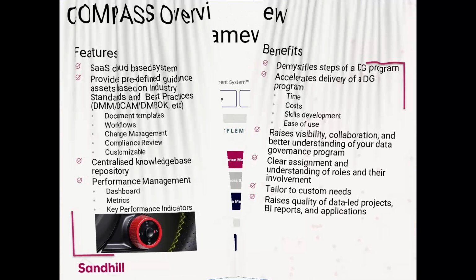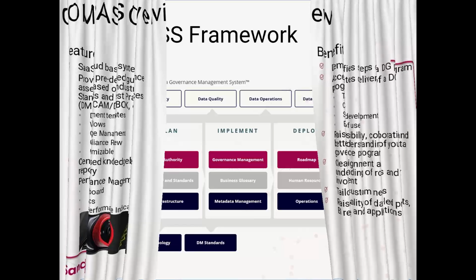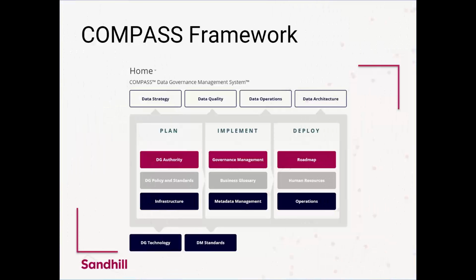What Compass provides is a framework that organizes its content into a structure for organizing the data governance assets. The intention is that people use a single set of rules and a single set of processes for how to create, collect and store those assets, what their life cycle is, and how to use these data governance assets.